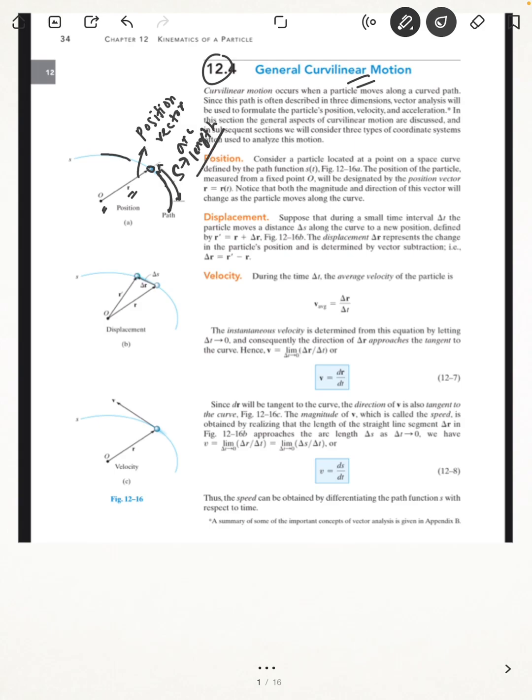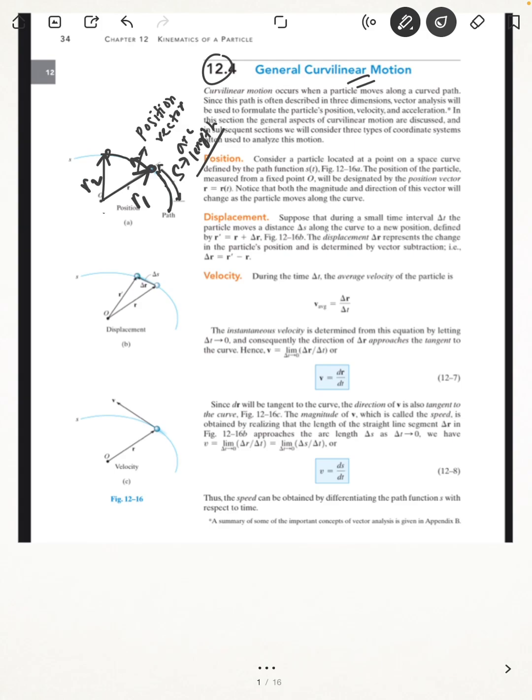As the particle moves along this curvilinear path, so does the position vector, and both its direction and magnitude are changing. This is the position vector at this particular position, and if I consider another position of the particle, this is R1 and this is R2.